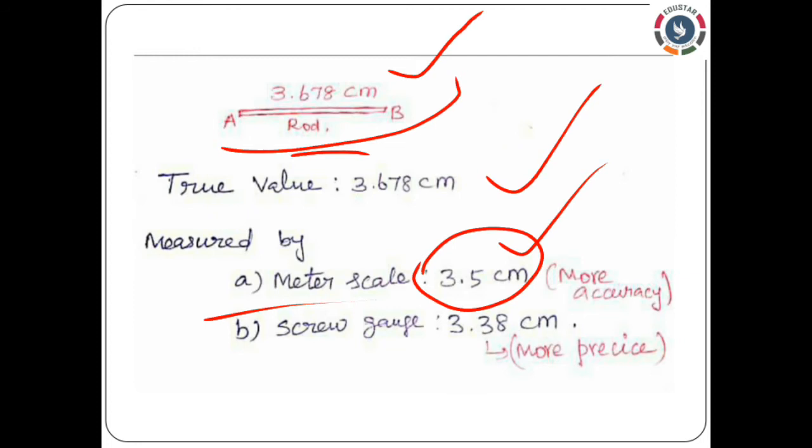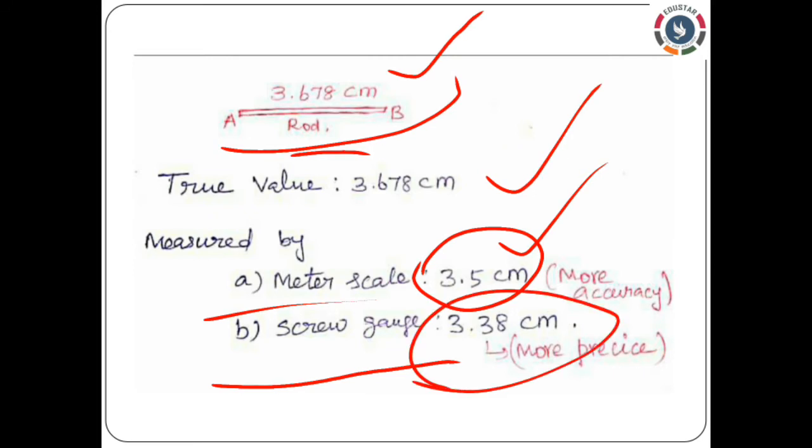If the student uses the screw gauge, it gives the value of 3.38 centimeter. So comparing both, the original is 3.678, by meter scale 3.5, and this is 3.38. So 3.5 is close to the original true value.